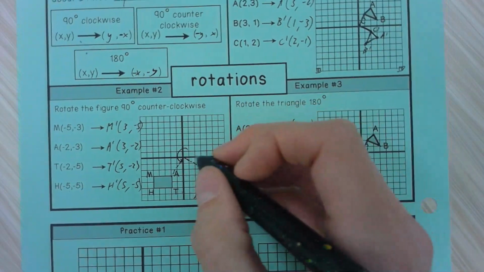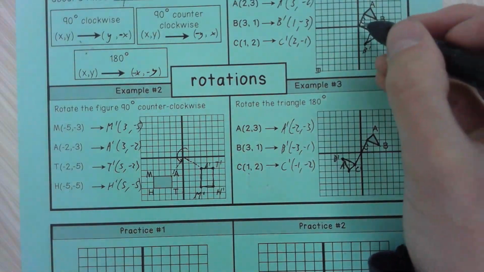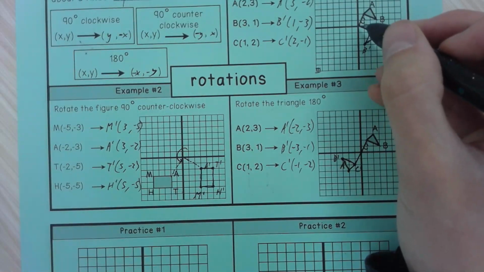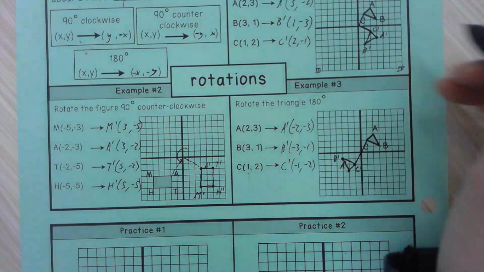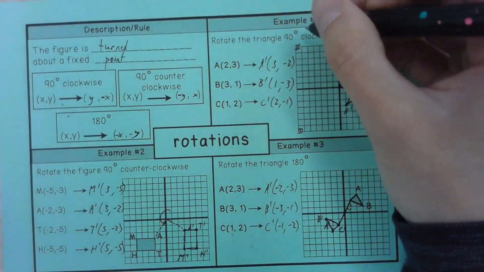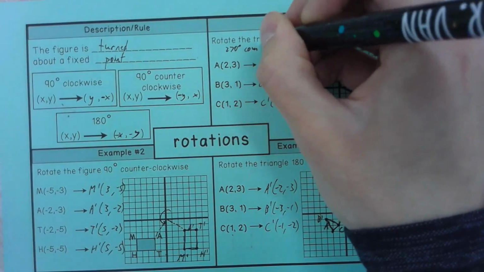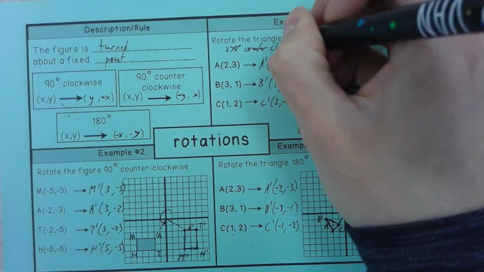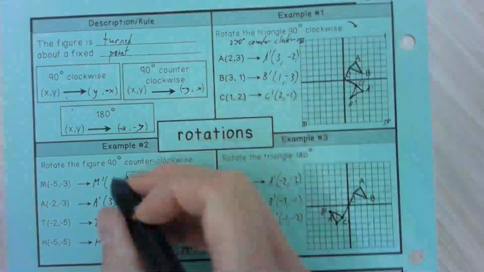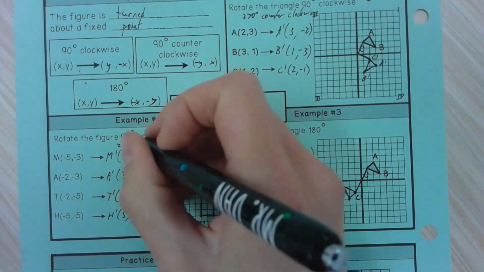You could go what's called a reflex angle. So going 90 degrees clockwise is the same thing as going in the opposite direction, 270 degrees counterclockwise. Or going 90 degrees counterclockwise is the same as going 270 degrees clockwise.